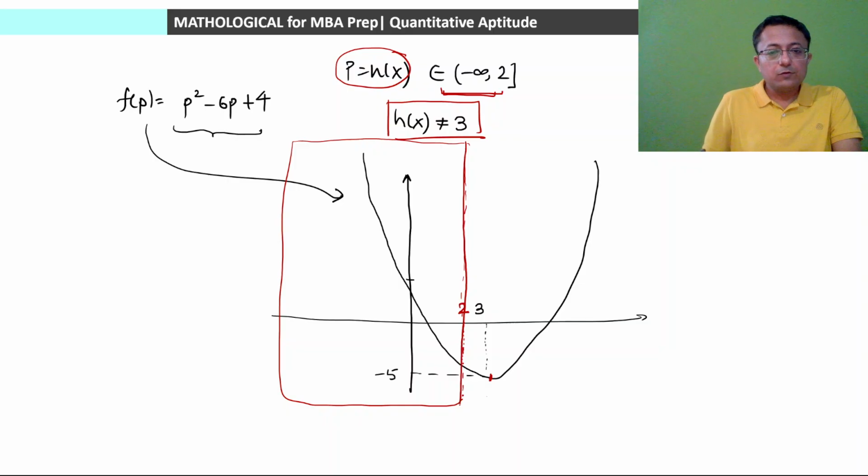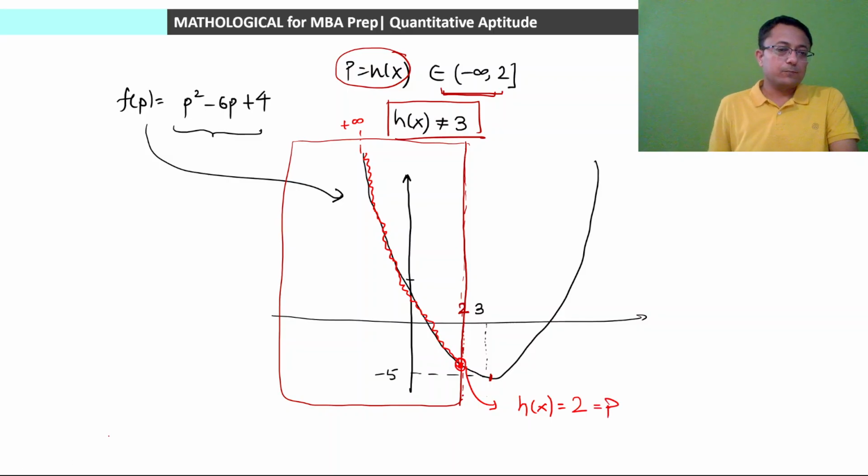This is the only concern. Whatever value it takes after 2 is not our concern, because x is never going to reach there. Only this part of the graph is our concern, because this is the range of f(p). The maximum value will be plus infinity, and the minimum value will be when h(x) equal to p is equal to 2.